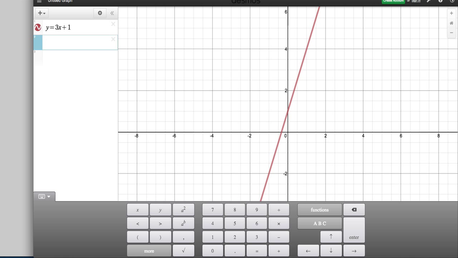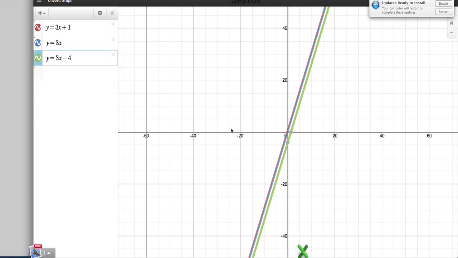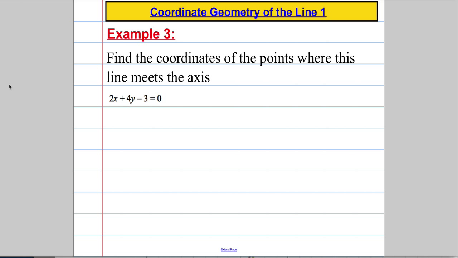I'm going to do a line with the same gradient, y equals 3x, and let's do another one underneath just for good measure, y equals 3x minus 4. Now I'm going to zoom out quite a bit here, and you can see that all three lines are parallel. The reason for that is that they all have the same gradient. So parallel lines have equal gradients. That's an important fact.